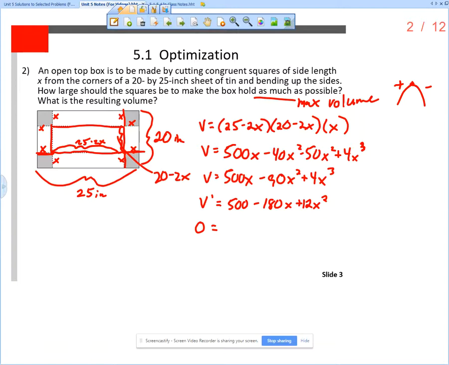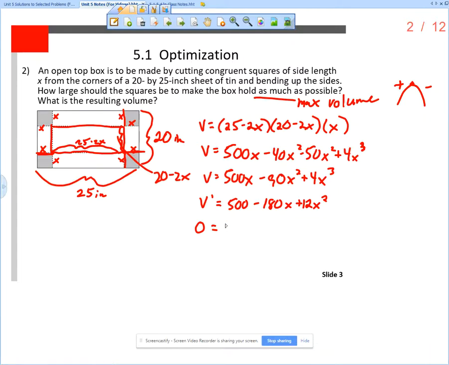The first thing that I'm going to do is factor out a GCF. We want to take as much out as we can. Let's see, 12? Is 500 divisible by 12? No. But 500 is divisible by 4, right?